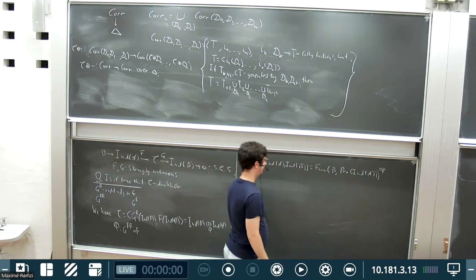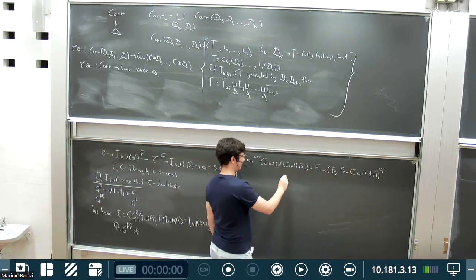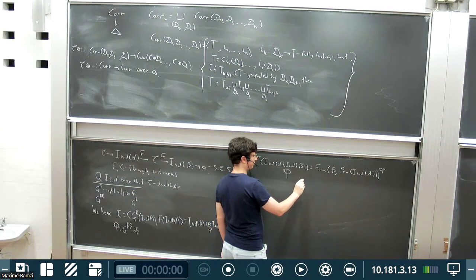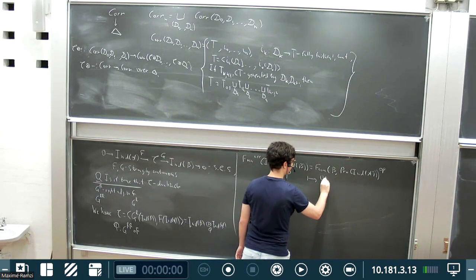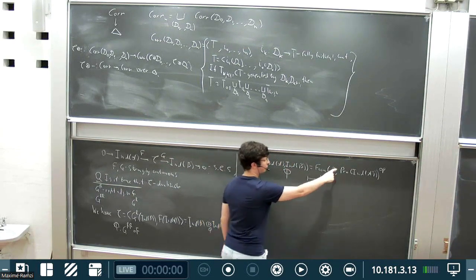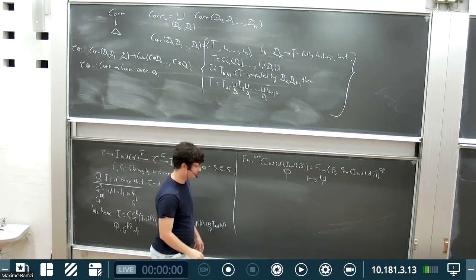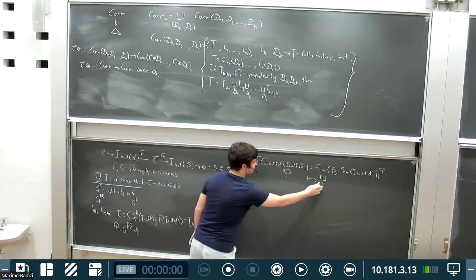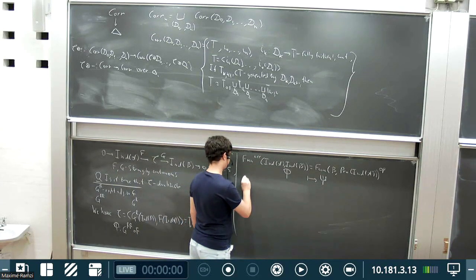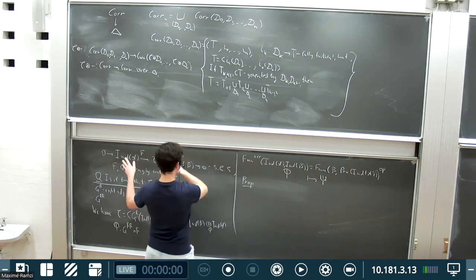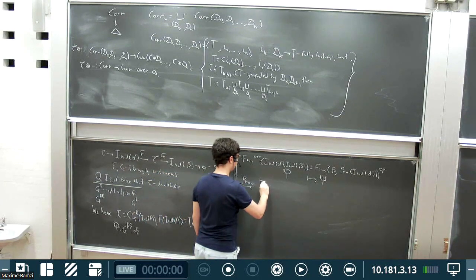Let's just denote the image of phi by psi. So psi from B to Pro of Ind of A is a functor which corresponds to our gluing functor. Then you can prove the following statement: with this notation, the following are equivalent.